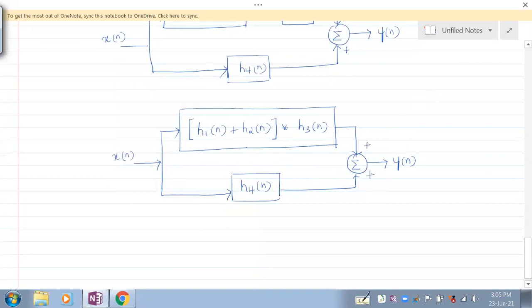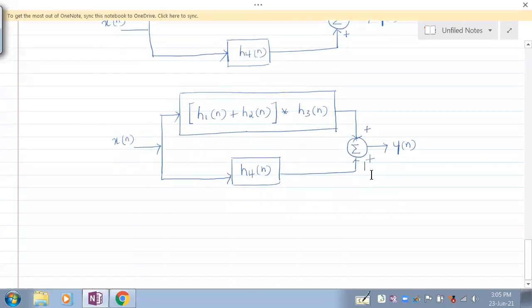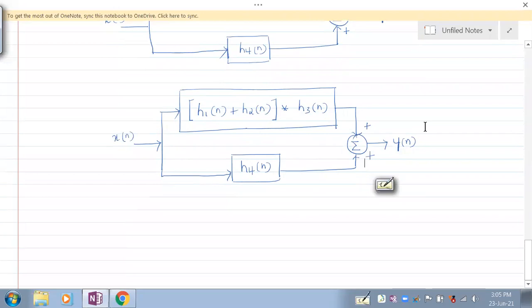If you don't have these plus signs, you don't know whether you are adding or subtracting. Understand? So this would be your impulse response. The overall impulse response would be h1 of n plus h2 of n, being convolved with h3 of n.